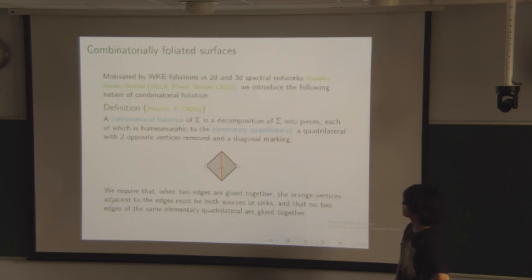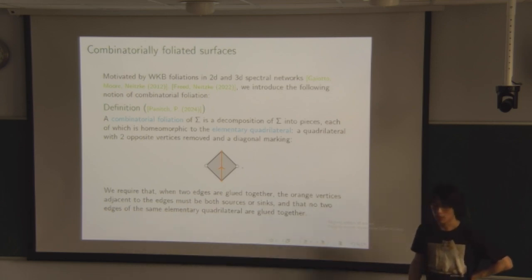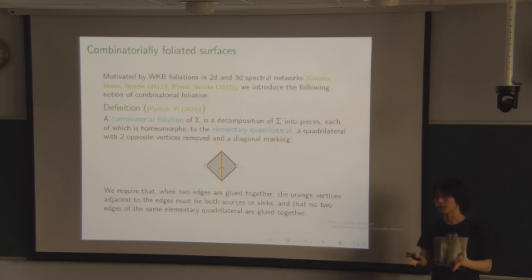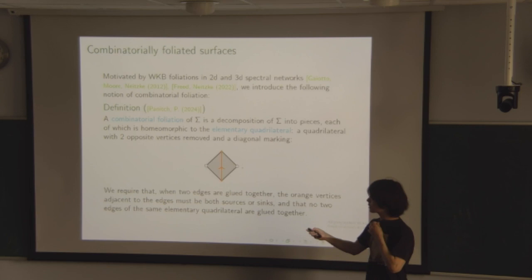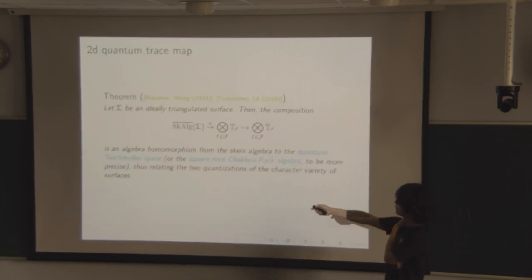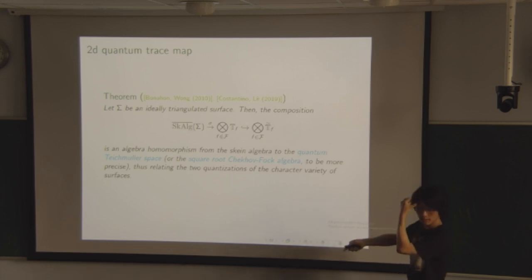So the first step would be to come up with an analog of the splitting map in the 3-dimensional setting, because that was the first key ingredient in the construction of this 2D quantum trace map, right? The first key ingredient was the splitting map, and the second key ingredient, after passing through the reduced skein module, was this construction of this embedding.